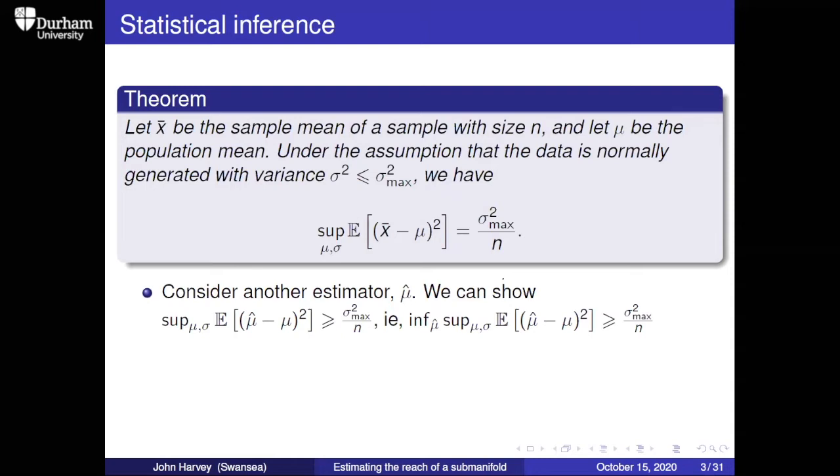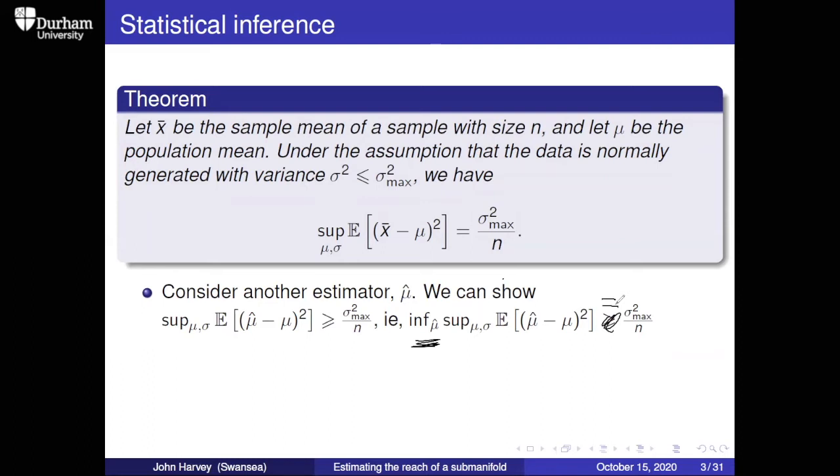So that means that the best possible estimator, if I look at the infimum over all possible estimators mu hat, I will get that it's equal to sigma max squared over n.